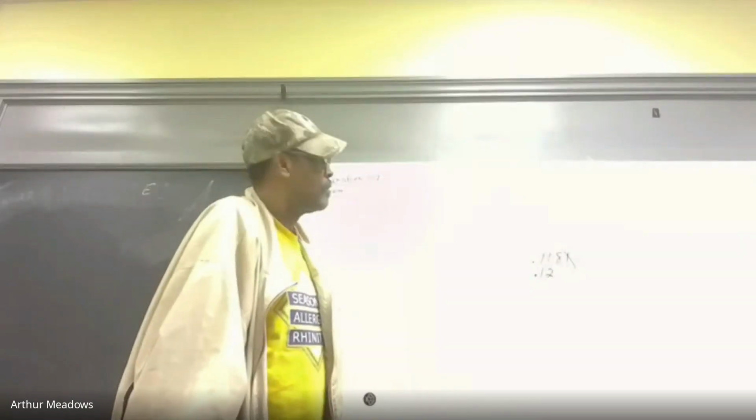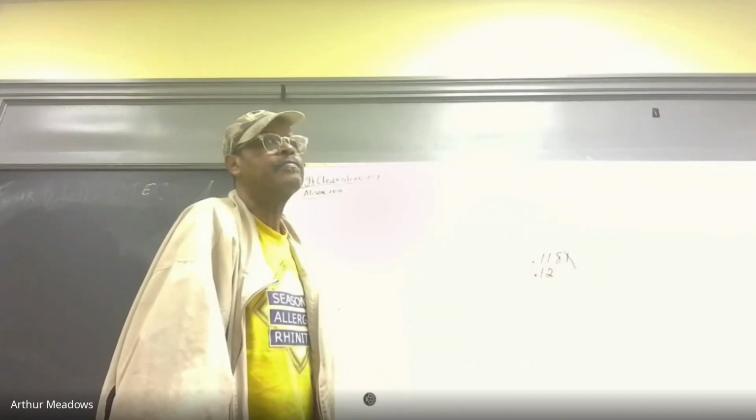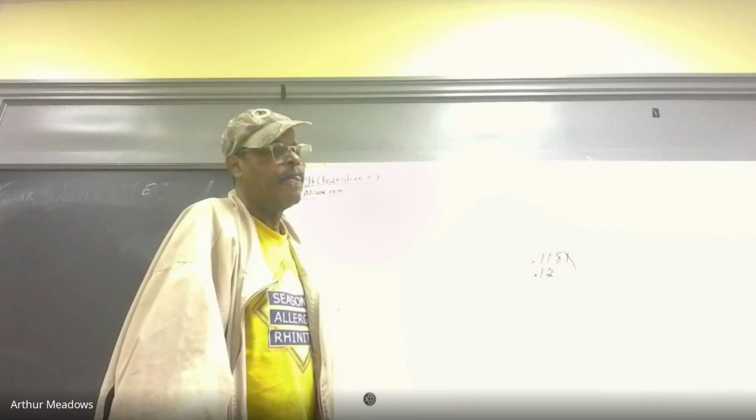All right, Mr. Meadows, that one we were just doing, the answer for number 8, was 1.79, right? Did we come up with that? No, it wasn't 1.79, it was 1.78. Oh, it was 1.78. So you couldn't round it at all.